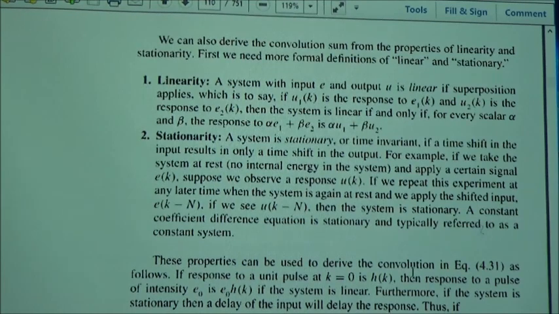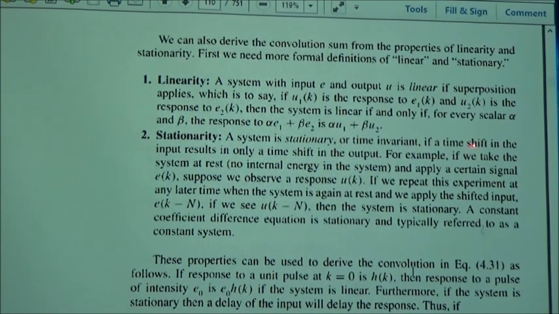Okay. Now, what is stationarity? A system is stationary or time invariant if a time shift in the input results in only a time shift in the output. For example, if you have E of k and you have E of k minus n, then your output U of k shifts to exactly U of k minus n.